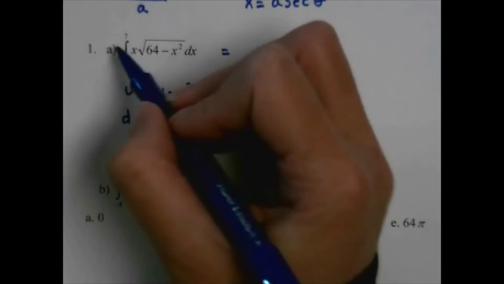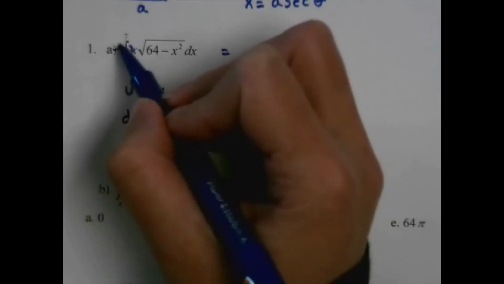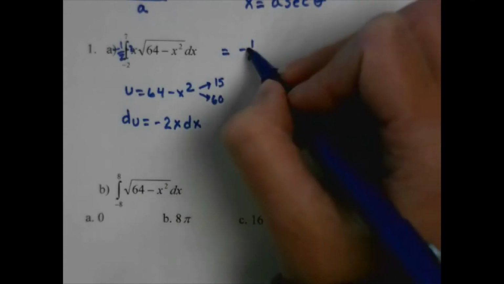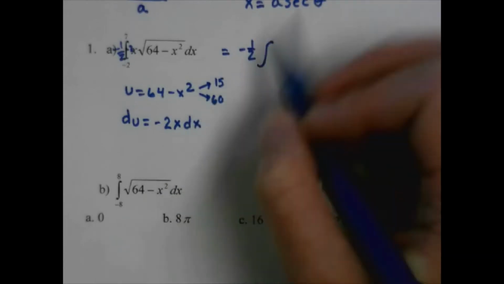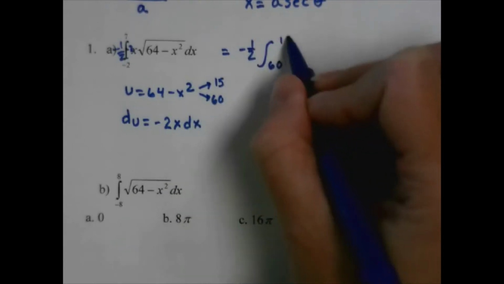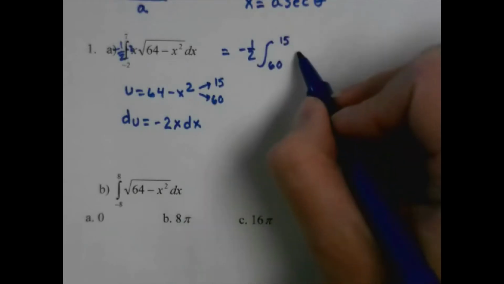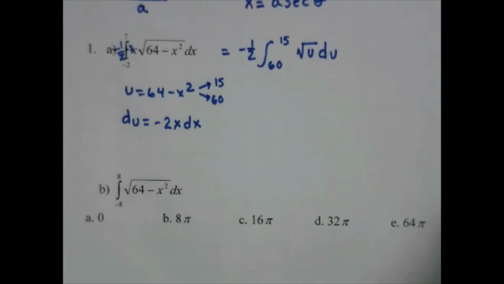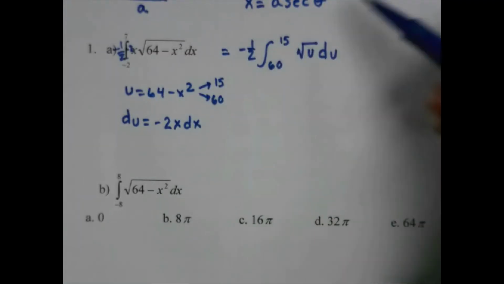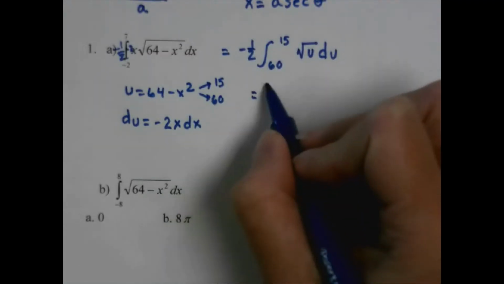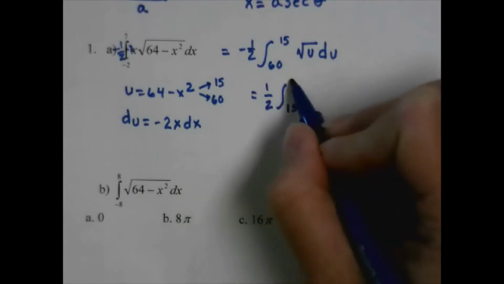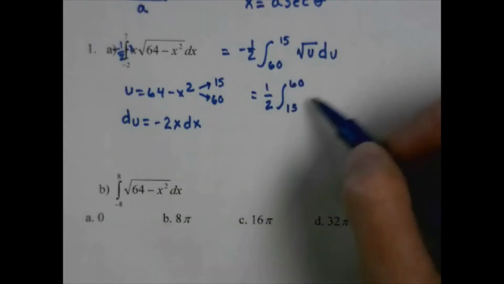I need a negative 2x here, which means I need a negative 1/2 on the outside. My new bounds are 60 and 15, and we have the square root of u du. I'm going to rewrite this before I integrate as positive 1/2 and switch these around, 15 and 60.